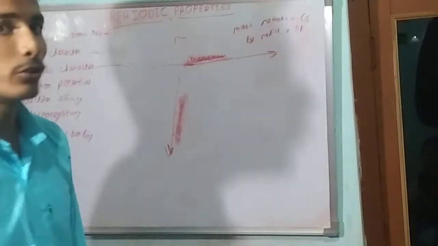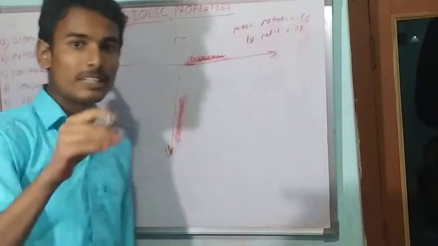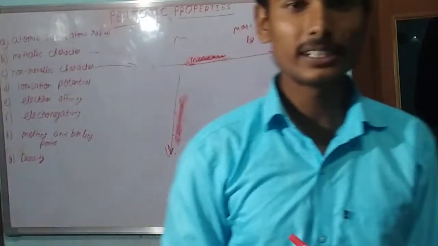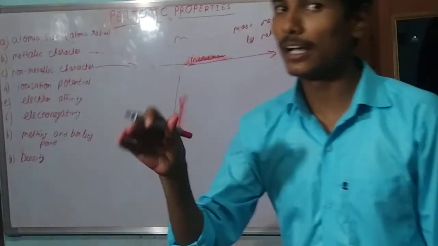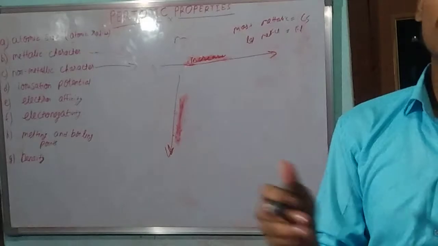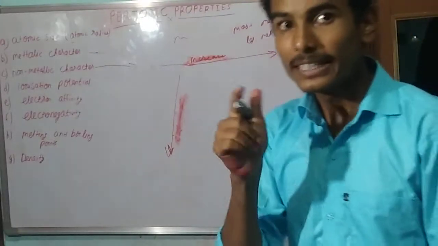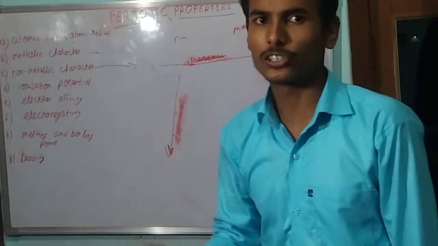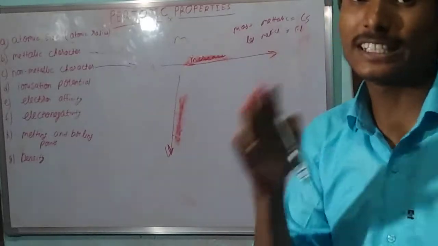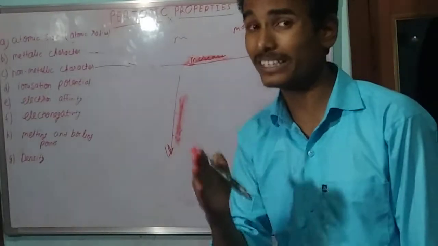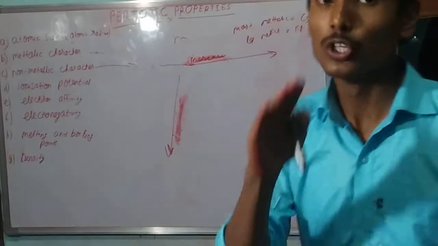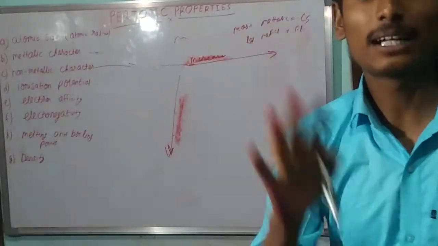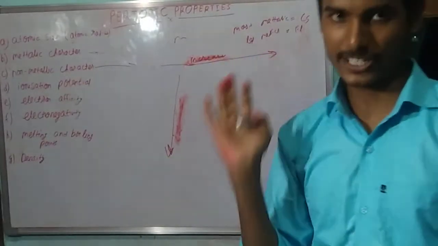If we take sodium, the number of valence electrons in the outermost shell is 1. So it can easily lose 1 electron, but it is not easy to gain 7 electrons. So sodium will lose an electron and complete its octet.